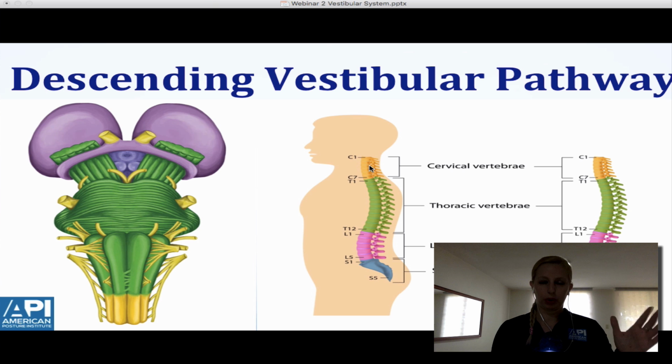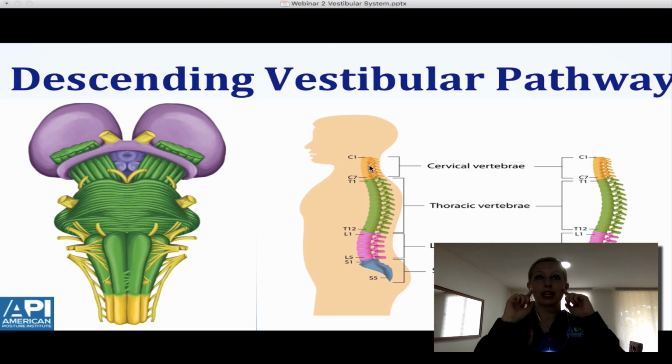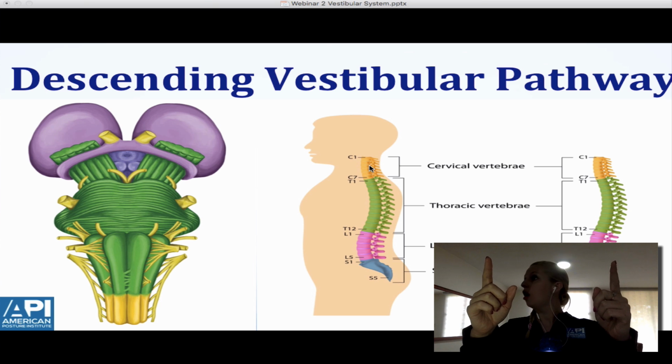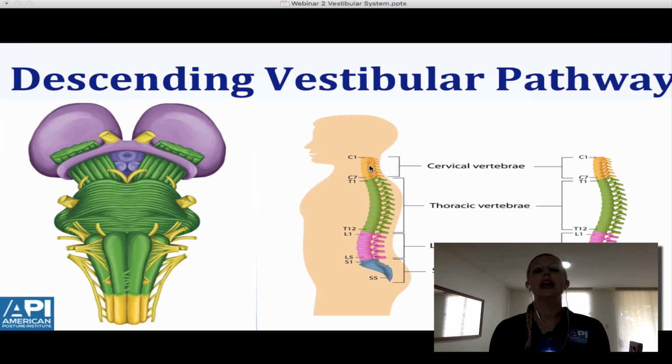I talked about, and we're going to talk more about, the VOR, the vestibuloocular reflex, involving the vestibular system and visual system, which keeps our eyes focused on a target while moving our head in space. That gaze stabilization is coordinated by a couple of different pathways, one of which is the medial vestibulospinal tract.